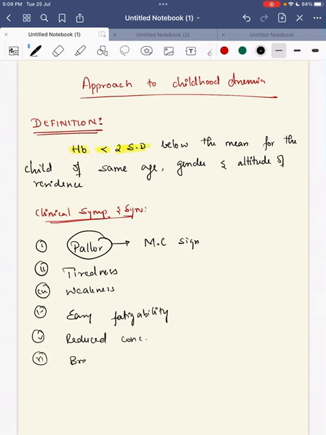A child will have breathlessness when the anemia is severe. I'll tell you the cutoff for this according to WHO. So facial puffiness, these all will be in the severe anemia cases, that is breathlessness, facial puffiness with pedal edema. These are the clinical signs and symptoms in children with anemia.